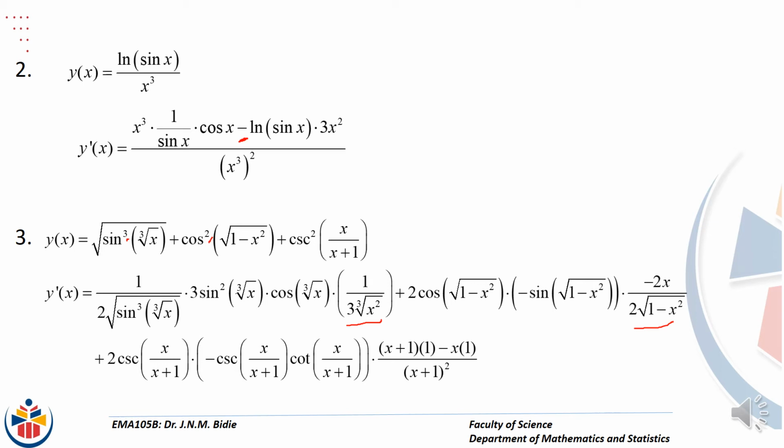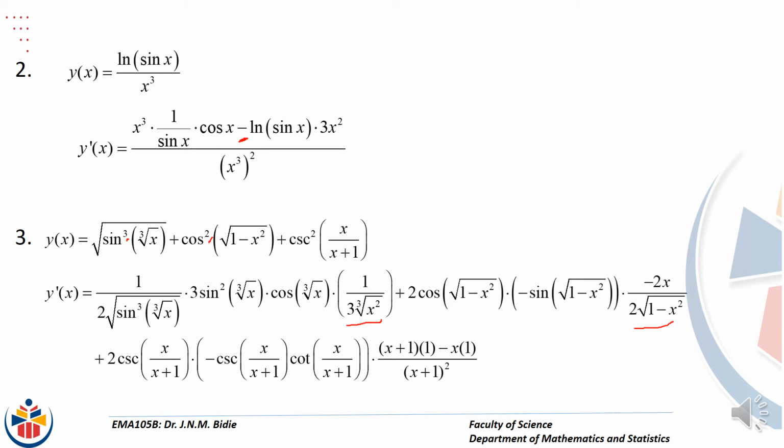Then we go to the last term, cosec squared of x over x plus 1. Power first, which gives us 2 cosec of that argument times the derivative of cosec, which is negative cosec cot. Note that each of those trig functions must carry the argument of the original function multiplied by the derivative of the argument, which is the quotient rule used.